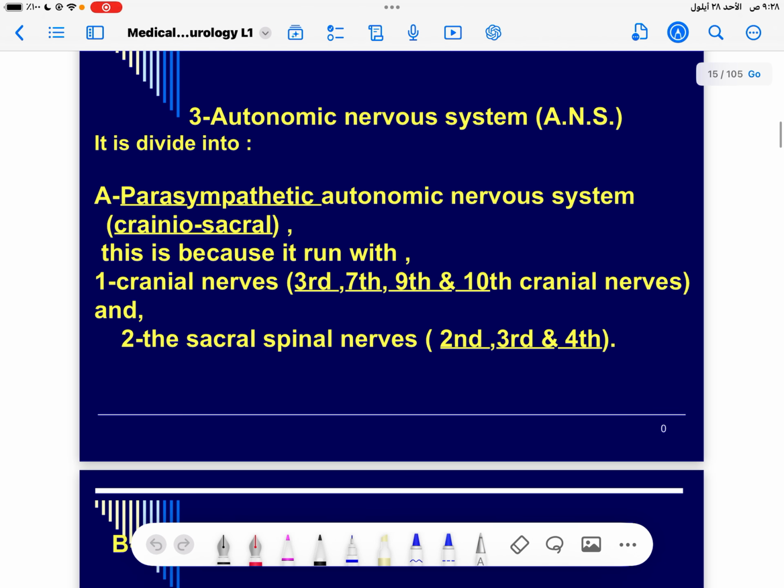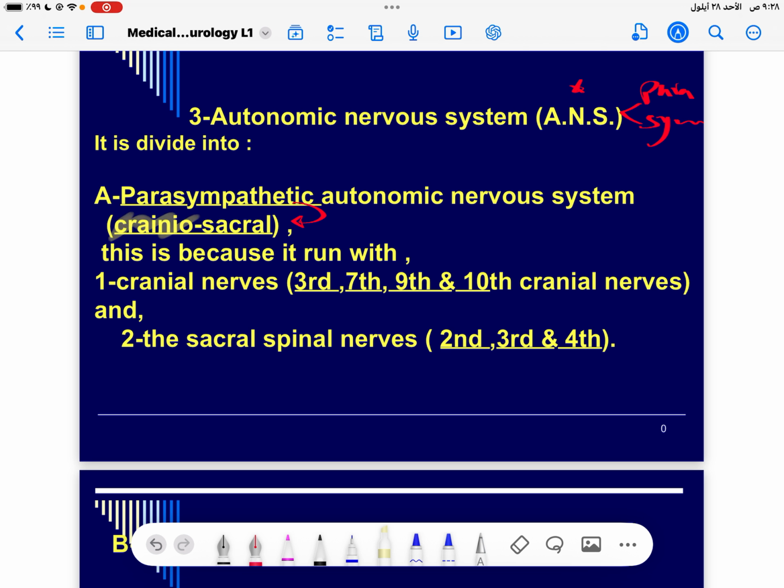We have another system in the nervous system, and that's the autonomic nervous system. All of you are familiar with that, which has a very important function. In the autonomic nervous system, we have the parasympathetic and the sympathetic. The parasympathetic is called craniosacral.